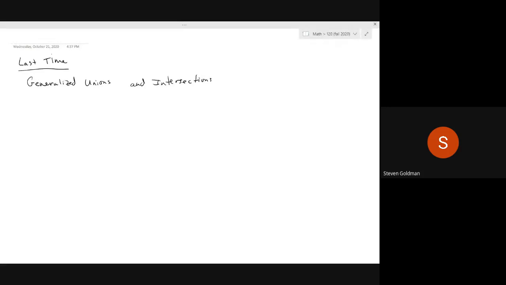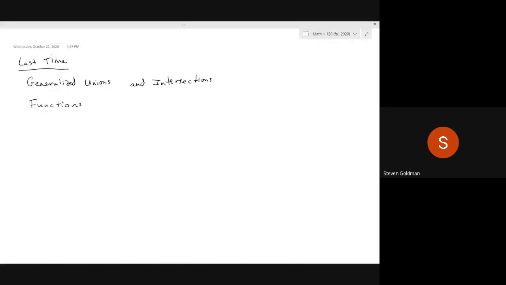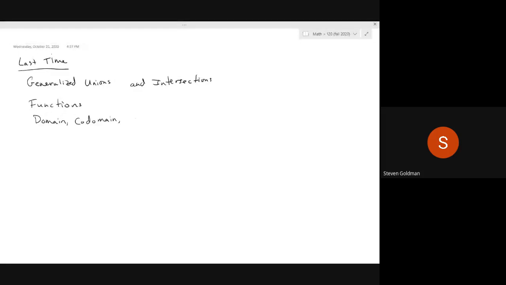And we also began our discussion on functions, right? We defined what a function is. We talked about the domain and codomain of a function, as well as the range of a function. We defined what an image and a preimage is.